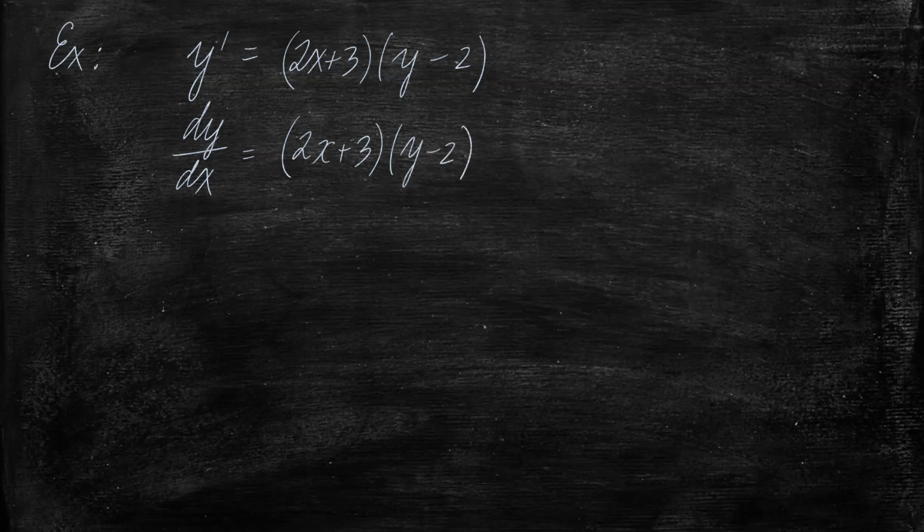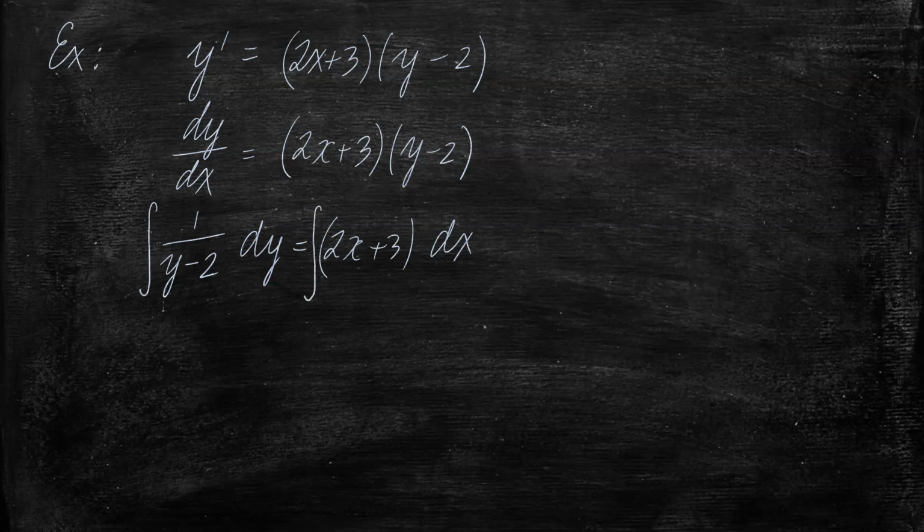Again, visually it appears that I'm multiplying both sides by dx, but I'm not. But I am going to divide by y minus 2, so we're going to have 1 over y minus 2 dy equals 2x plus 3. And again, it doesn't make sense until I put the integral sign here, and now it all makes sense.